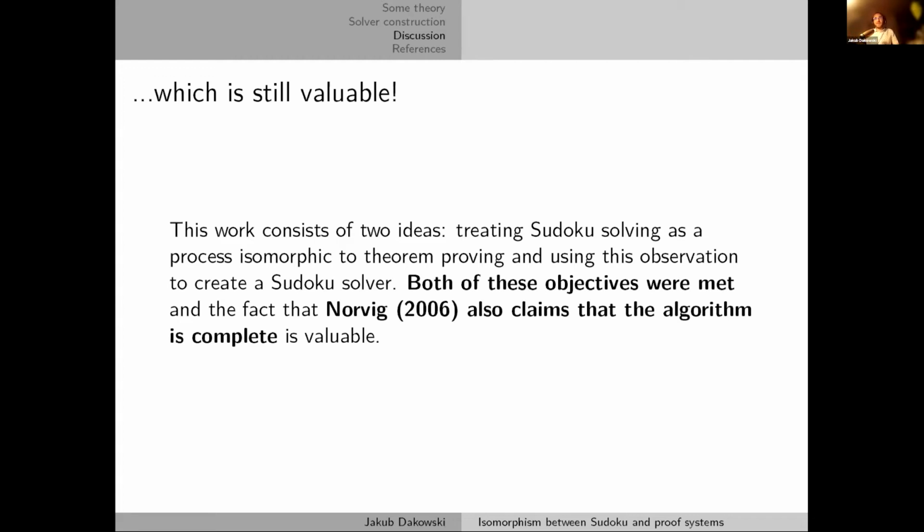And in my opinion, this was successful. Not only that, but the fact that other authors are claiming that this algorithm is complete, so it solves all Sudokus, supports my thesis that it is actually possible to use proof theory to arrive at such concepts.